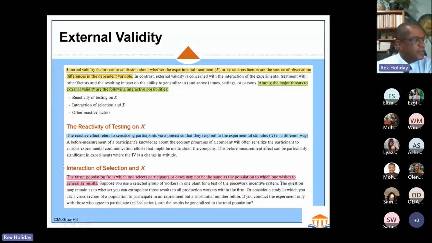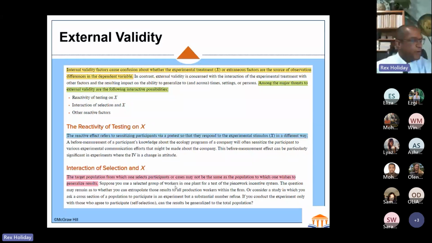Okay, so interaction of selection and X. The target population from which one selects participants or cases may not be the same as the population to which one wishes to generalize results. In the example they give here, suppose you use a selected group of workers in one plant for a test of the piecework incentive system.